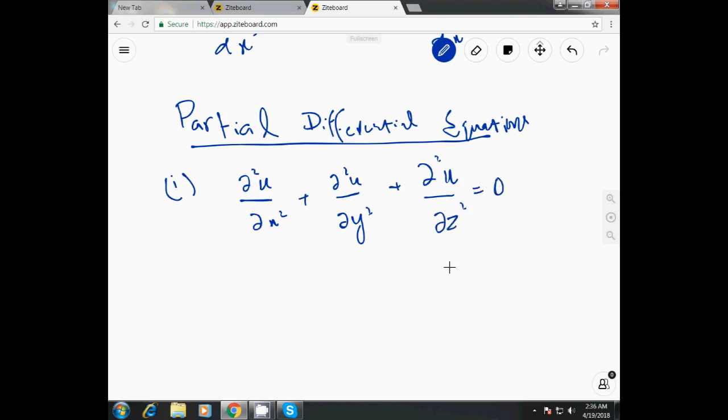This is called the three-dimensional Laplace's equation. There are more examples. For example, 5 partial square u by partial x square is equal to 6 partial u by partial t, and so on. These are the examples of partial differential equations.